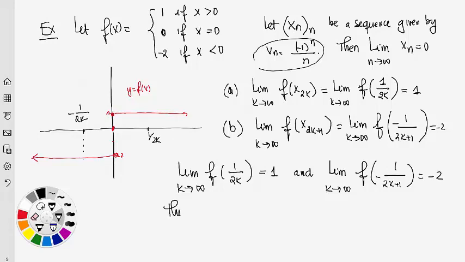So thus inside the sequence f of xn, we have found two subsequences converging to different limits.